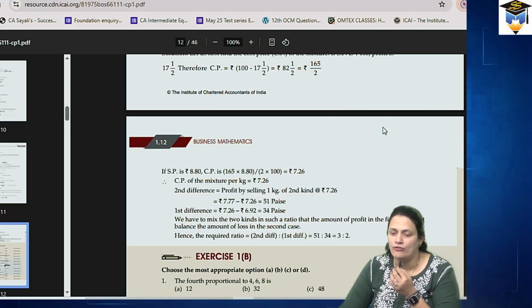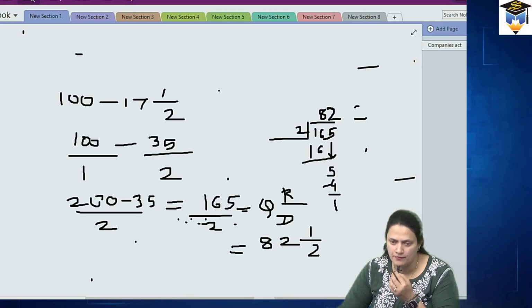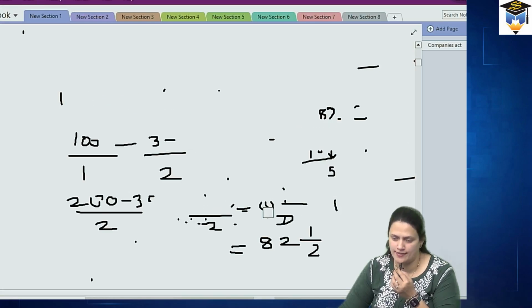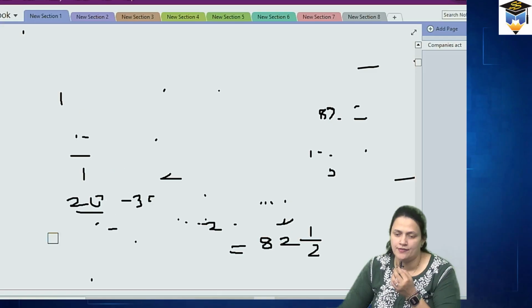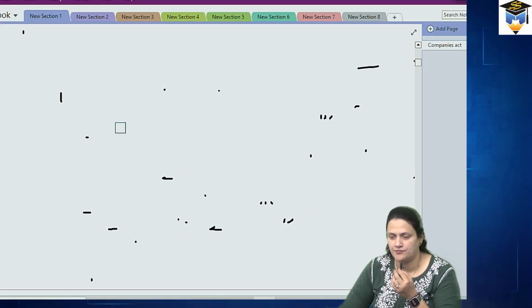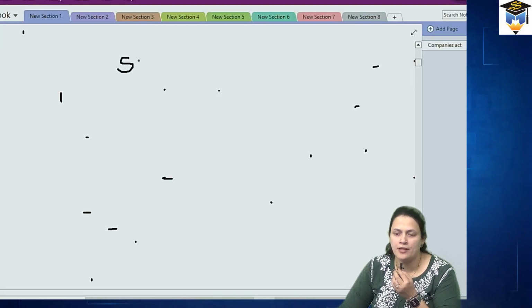See, now when SP is 100, what is the value of CP? Okay, I'll show it to you like this. See, SP जब 100 था, what was the value of CP? 165 upon 2, बरोबर?